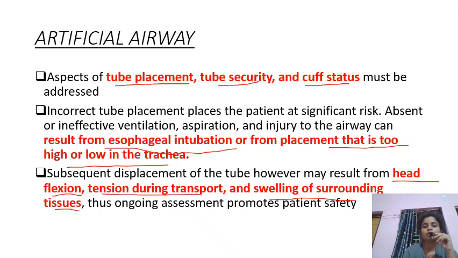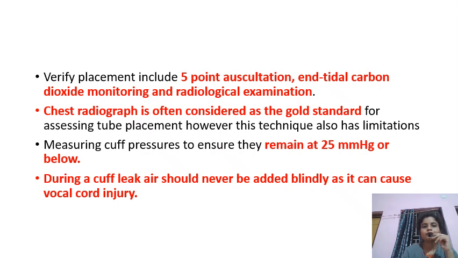Therefore the level of the ET tube should be checked properly, and if there is any displacement, always properly place the tube and tie it with the help of the ties. Then verify the placement with the 5-point auscultation method. I will show you the picture of what 5-point auscultation is.